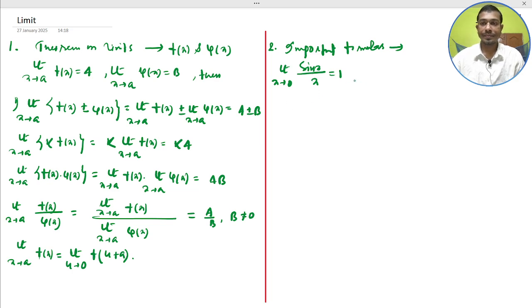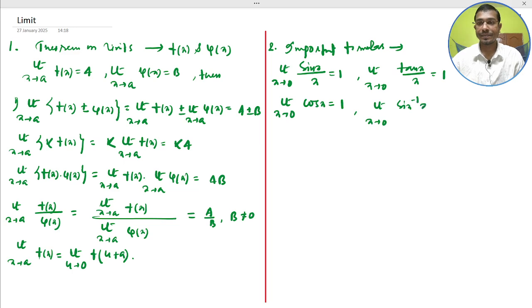Similarly, limit x tends to 0 of tan x by x, that would be 1. Limit x tends to 0 of cos x, that would be 1. Limit x tends to 0 of sin inverse x by x, that should be 1.